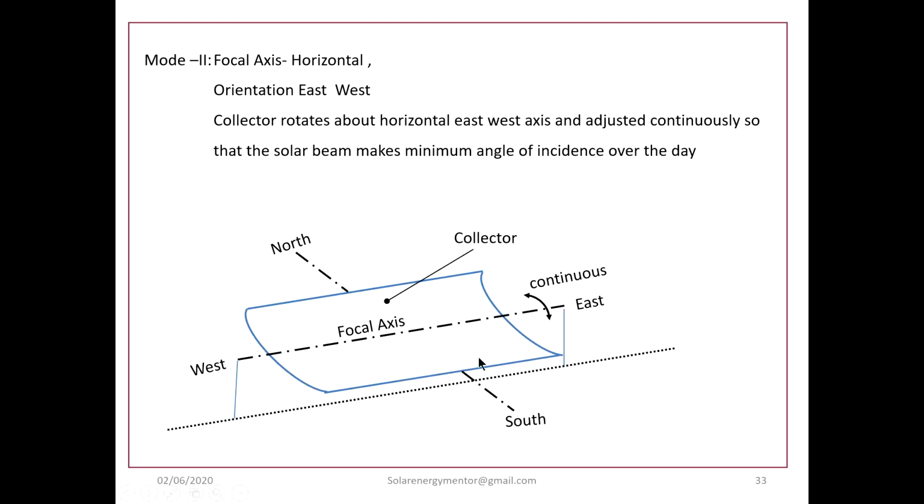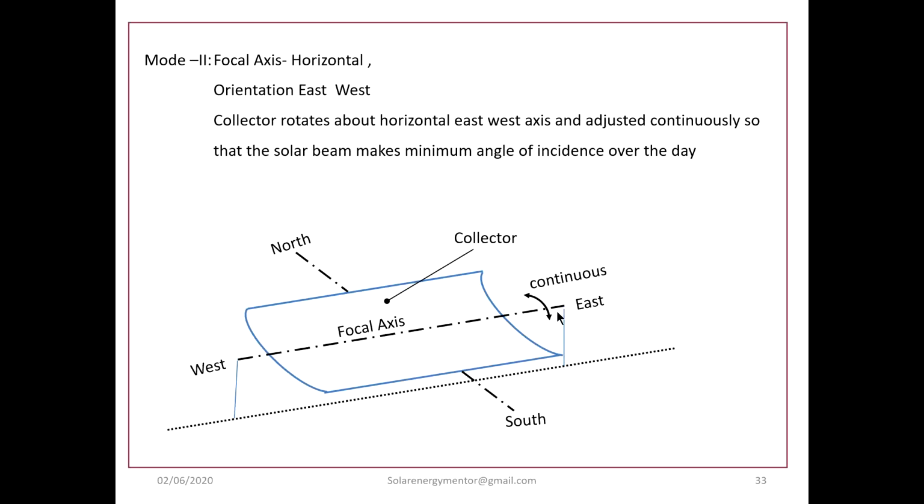It goes on increasing. So the collector aperture will also be adjusted as per the elevation, and that adjustment is continuous over a day. So the difference between mode 1 and mode 2 is that the tracking is continuous in mode 2 while tracking is once in a day in mode 1.